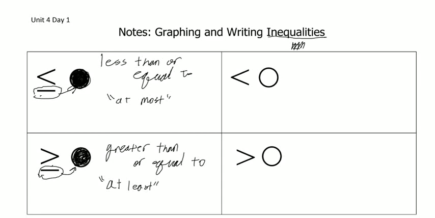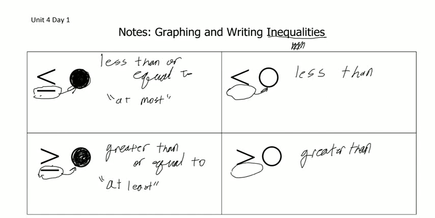Next, we got less than. And this is just plain old less than. Notice no dot, no line underneath, so it's going to remain open. And of course down here we got greater than. Again, notice no line underneath.